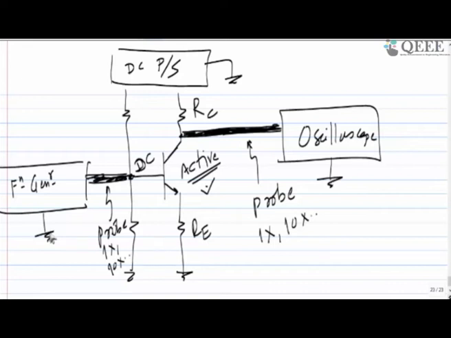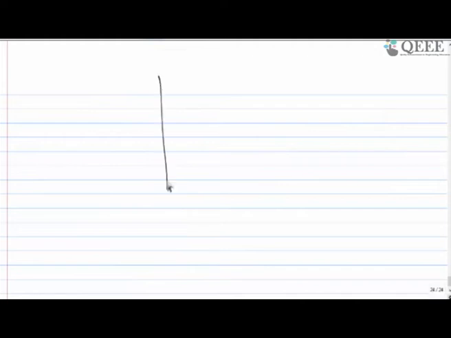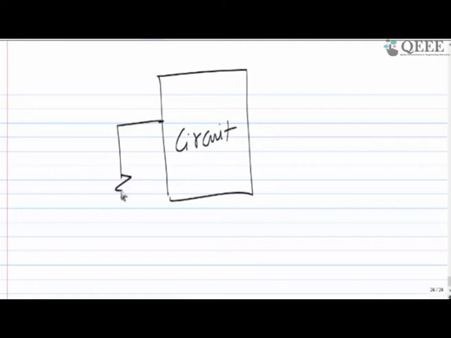Now one important thing I would like to tell: any circuit you are making will have two things: input resistance and output resistance.